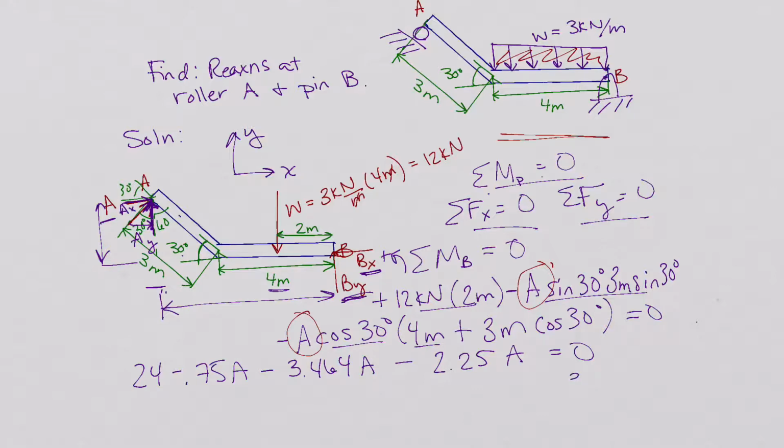I'm going to move it over to the other side, so 3A equals, oh wait, we had this too, sorry. So we have this and this, negative 3A, negative 6.464, so 6.464A equals 24.